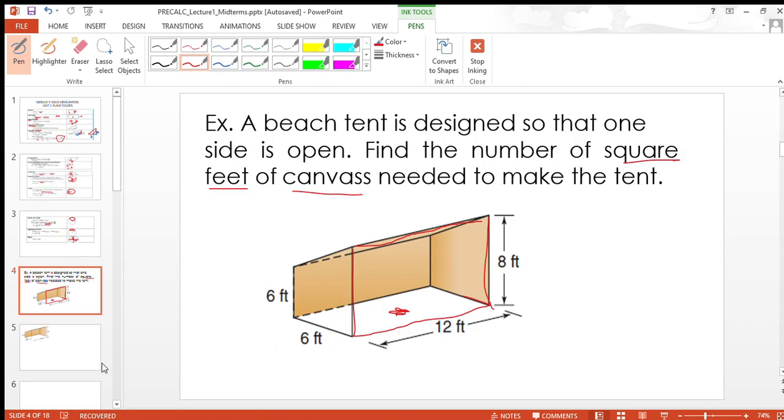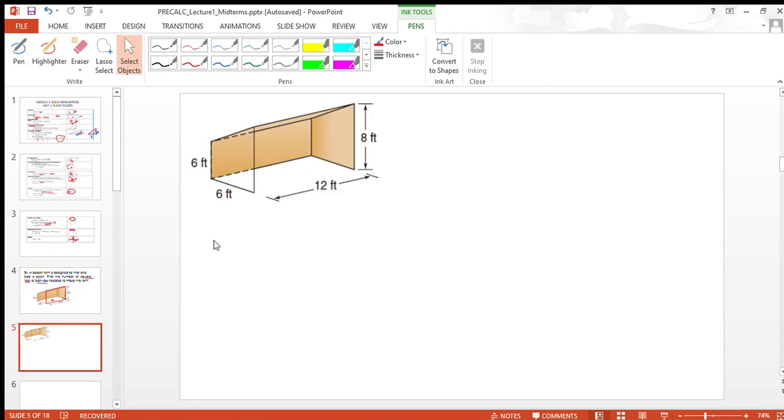Therefore, if we take a look at this figure, and we want to get the total area, if you'd like to represent this as A, we have here a rectangle, okay?